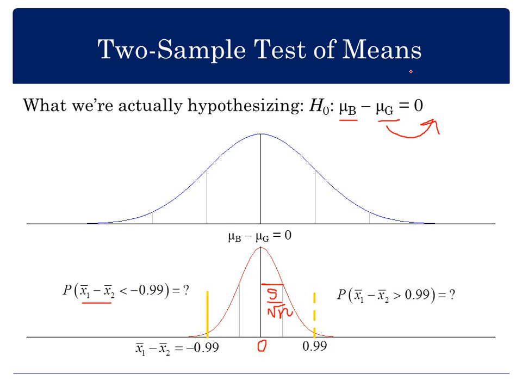So once I place my evidence, x bar 1 minus x bar 2, reflecting that we're trying to estimate this difference, my sample difference is actually negative 0.99.